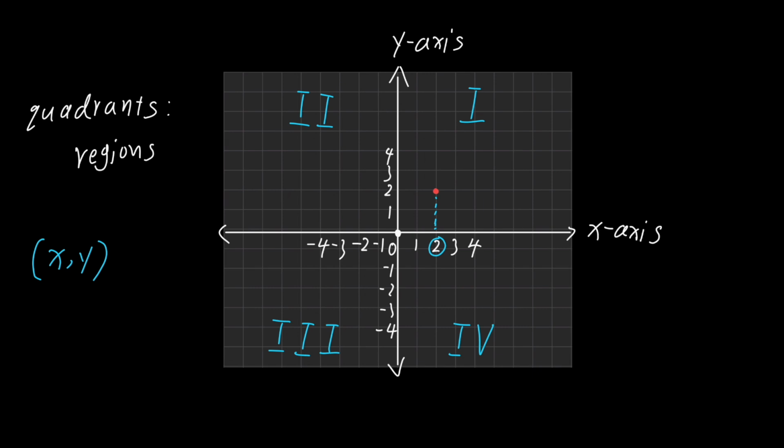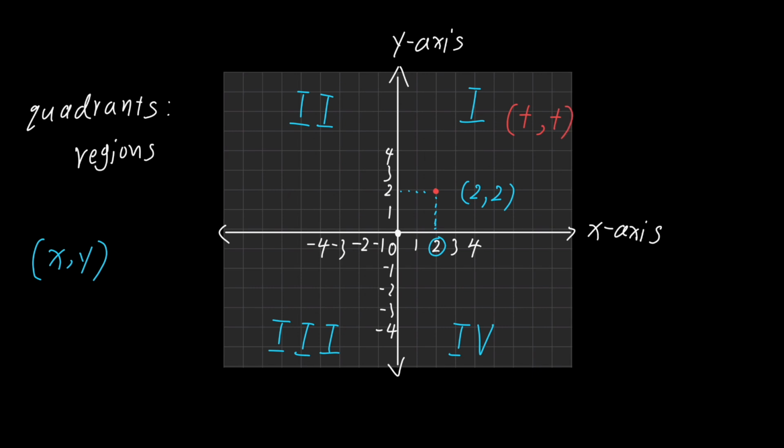So our x value will be 2. Then the y value, we draw this dotted line, and it's also 2. So they are both positive numbers. With that, we can say that for any point in the first quadrant, both values will be positive. So I use this symbol to represent positive.